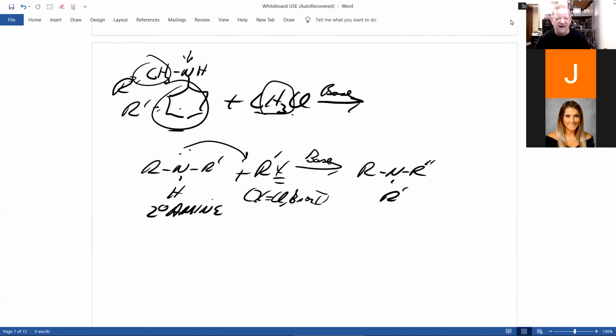And this is my R double prime. So I have my methyl group on nitrogen, my cyclohexane group, and another methyl group. Now I could have put it in brackets like this. And either one of these is correct.